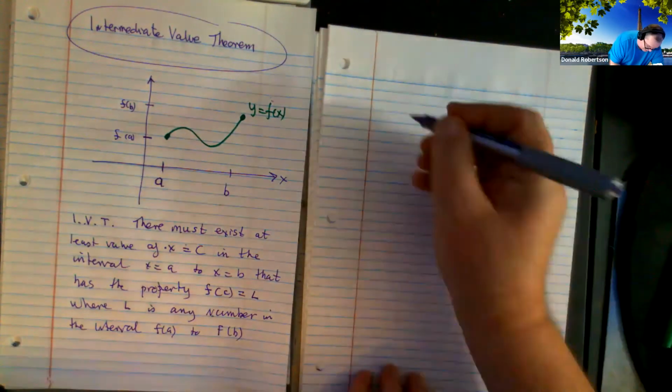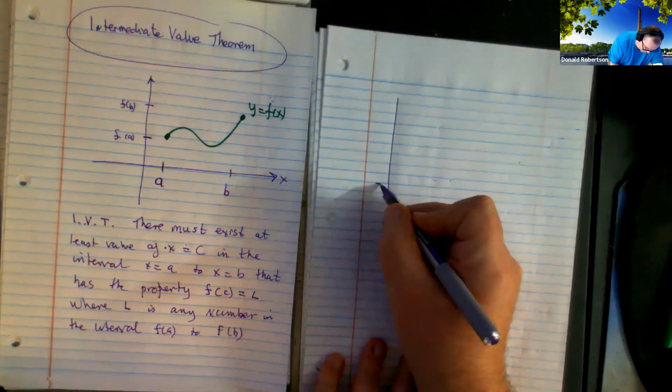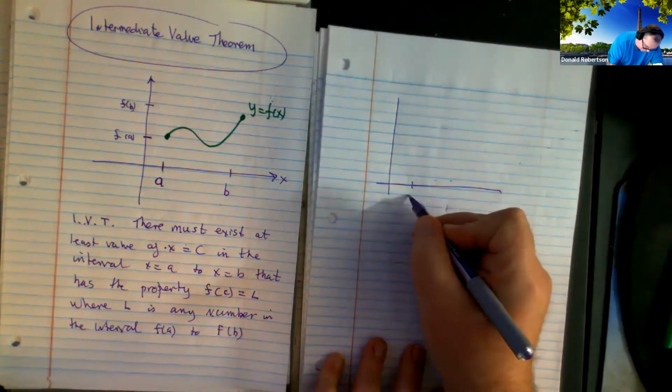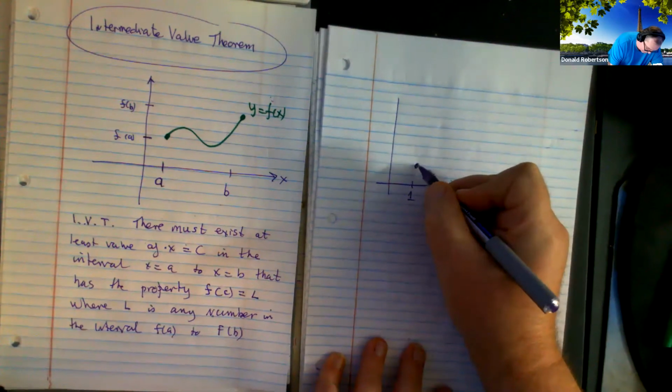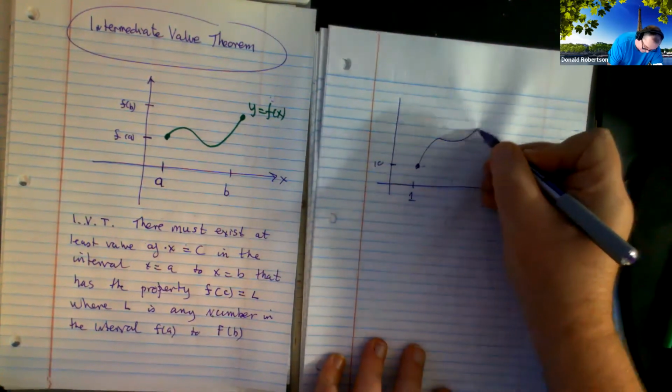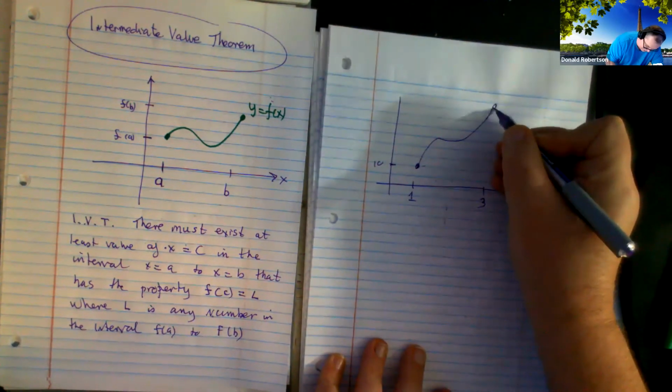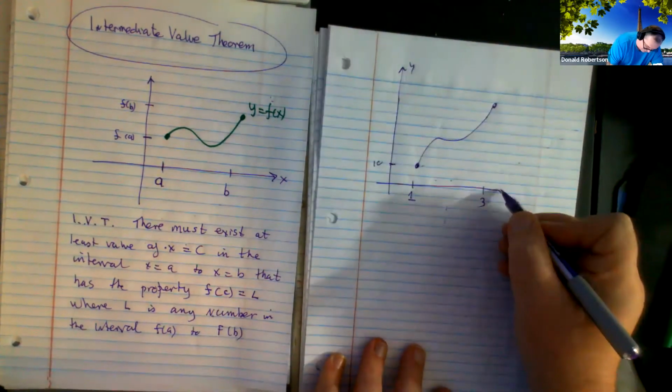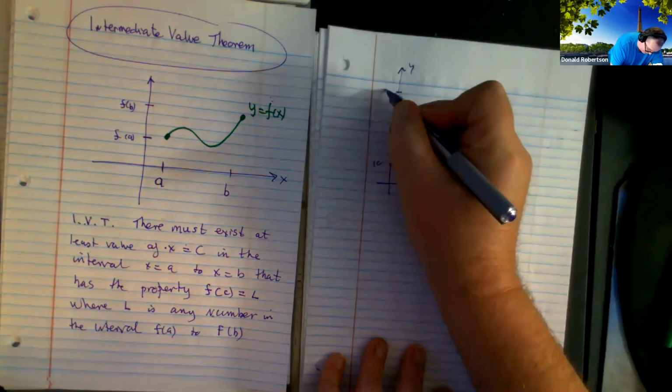So imagine I have a function that starts at 1 and it finishes at 3. And the value of the function at 1 is 10, and the value of the function at the end at 3 is 70.